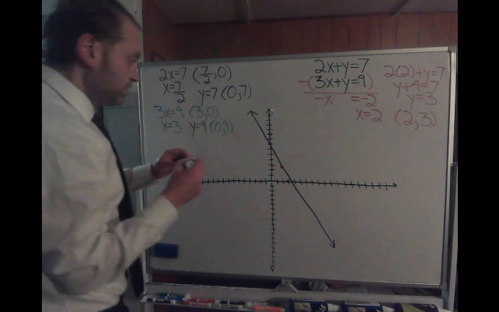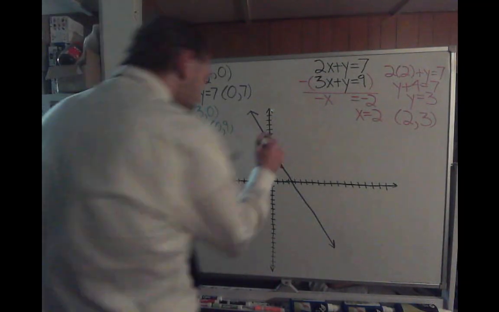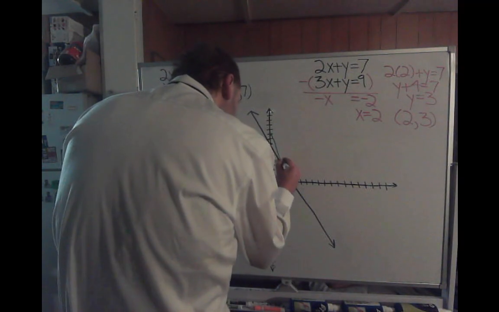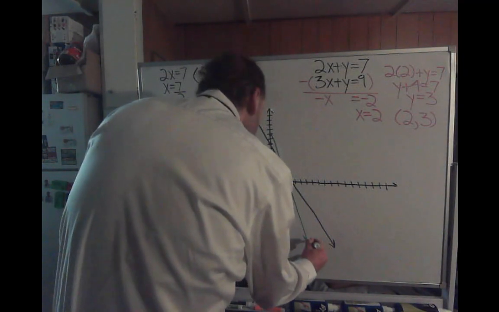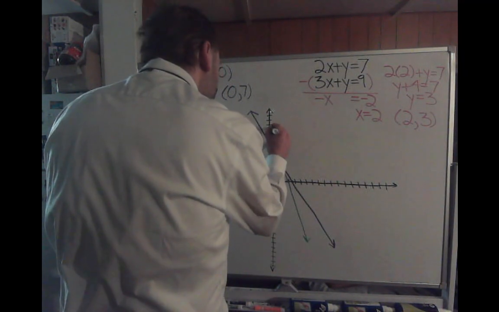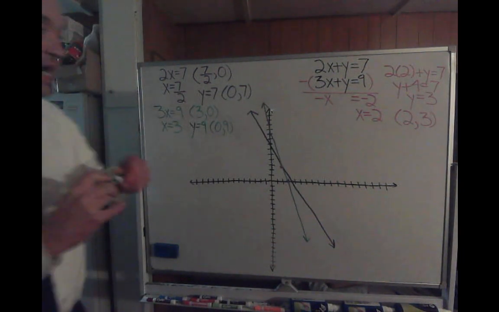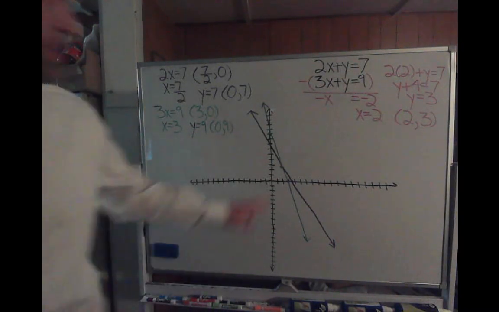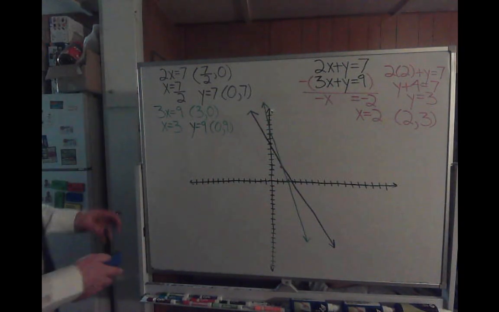They're awfully close together, but they do intersect. And there's the two lines graphed with their point of intersection at 2, 3, right over here at 2, 3. All right, 4 more problems.